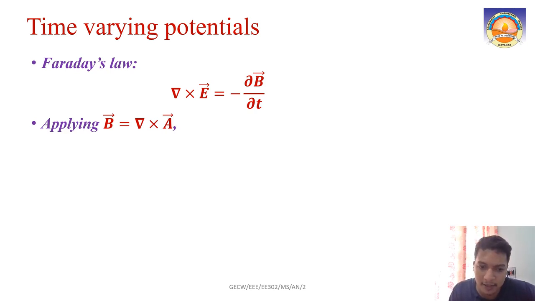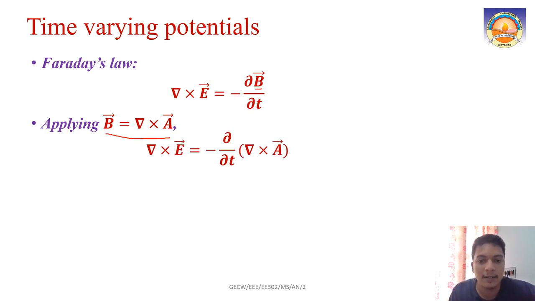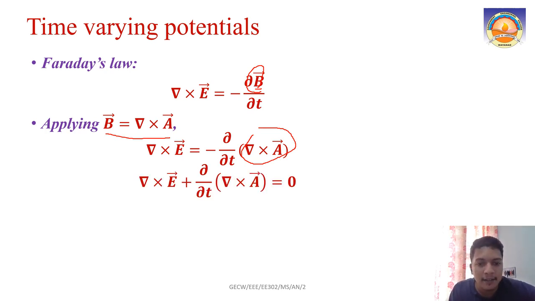Here we have the magnetic flux density B. So if we apply B equal to del cross A to introduce the magnetic vector potential, we will get del cross E equal to minus dou by dou t of del cross A. Taking the right hand side to the left hand side, it becomes del cross E plus dou by dou t of del cross A equal to 0.